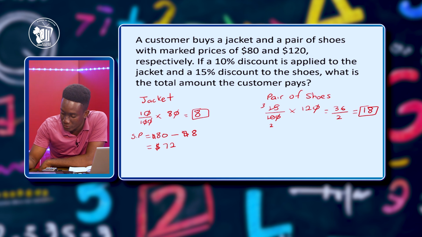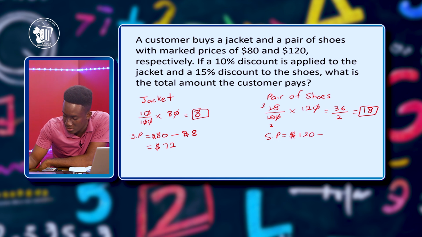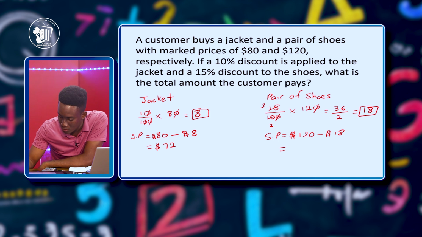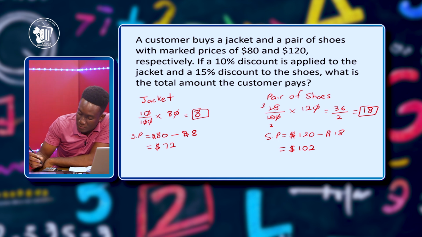And for the pair of shoes, the selling price would be $120, subtract the discounted price, which is 18, which would give us $102.